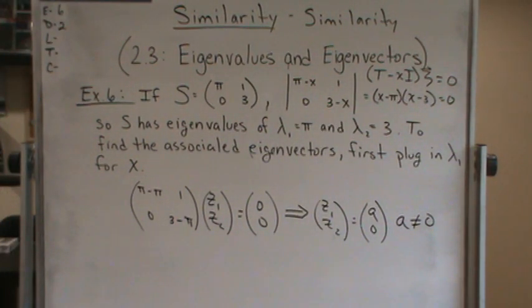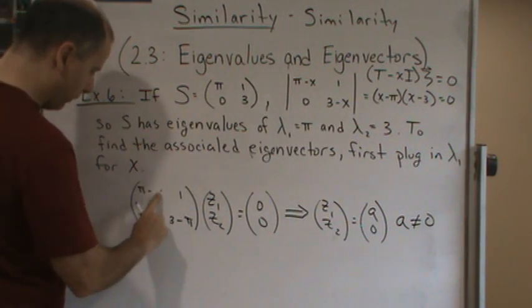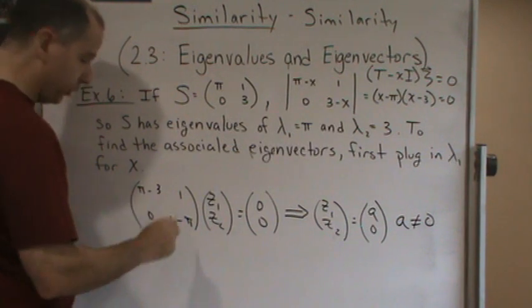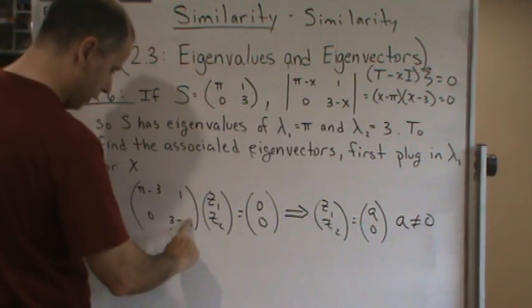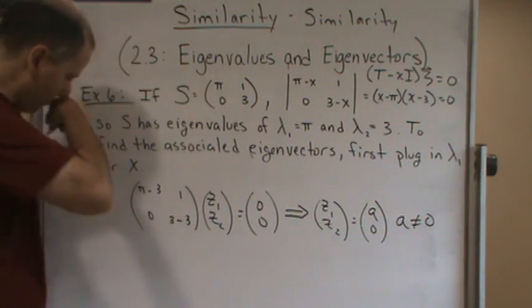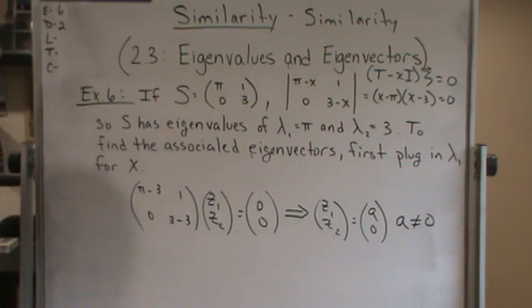Now, once we have that one, we can do the same thing by plugging in lambda 2, which is 3. So I'm going to go back here and go through the same process.